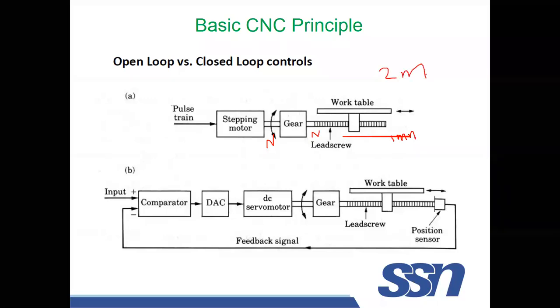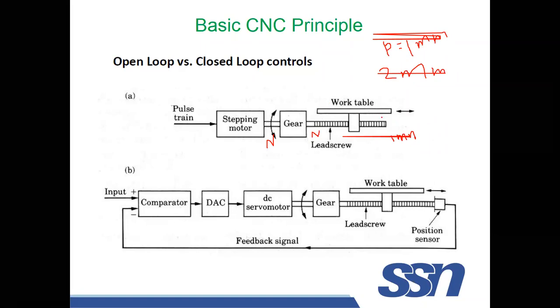Supposing the pitch is equal to 1 mm. One complete rotation will make the table move 1 mm if it is a single start. With double start, it will make a 2 mm movement, 2 mm advancement of the workpiece.